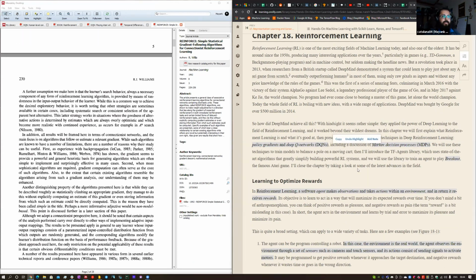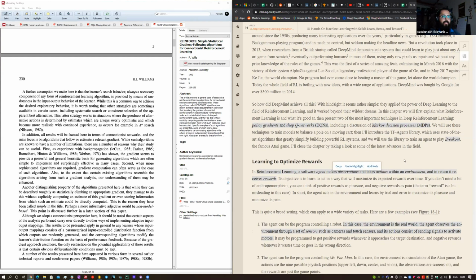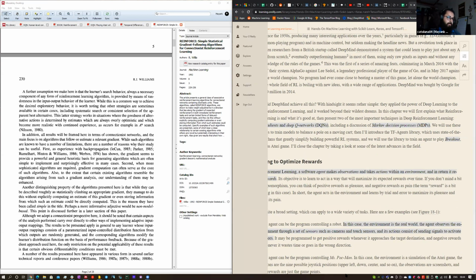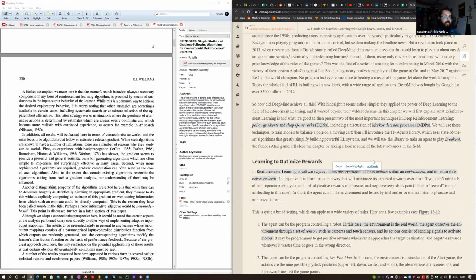In the second paragraph, they explain what reinforcement learning is and what it is good at, and what the two most important techniques are. What this book summarizes is the policy gradient and the deep Q networks.